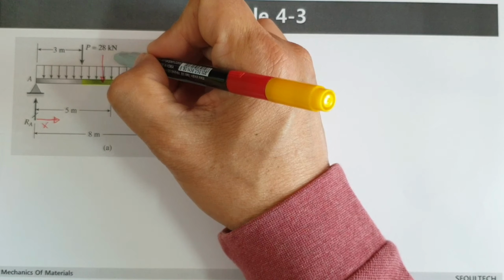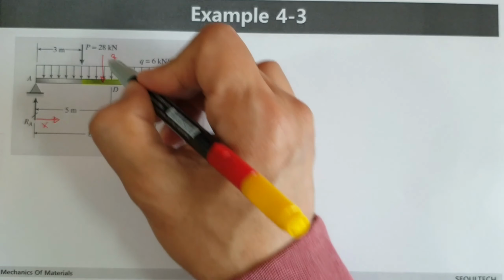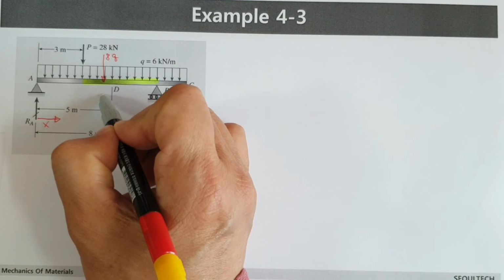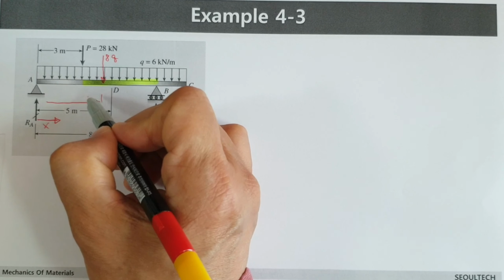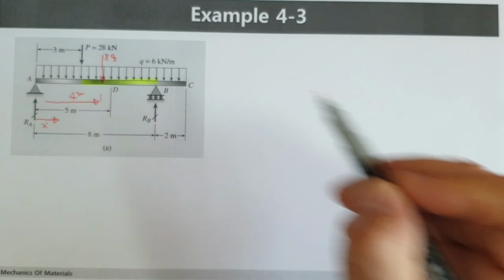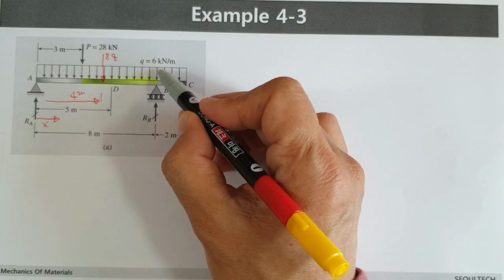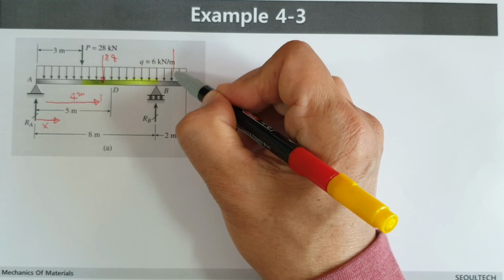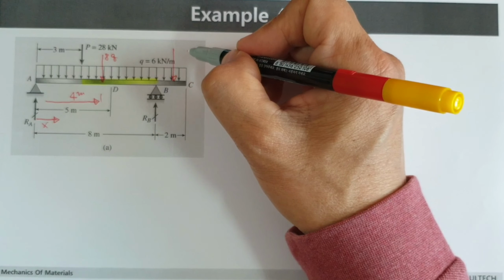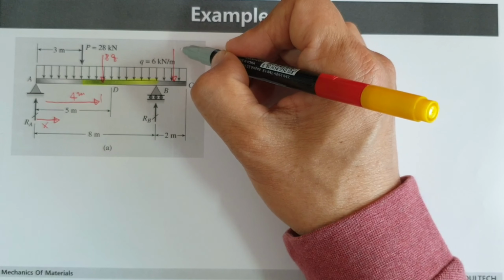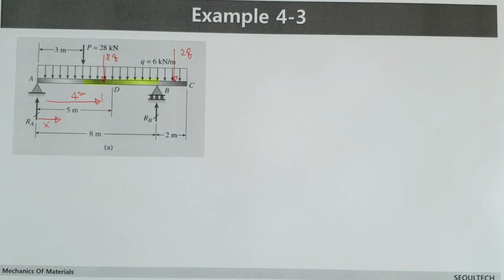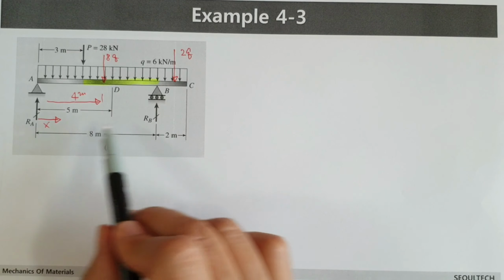This is q multiplied by total length, which is 8q. 8q is located like this one, of course, in the middle. Let's say this distance is 4 meters. Next, when you consider this portion, it's also acting like this one. Then this distance is 2 meters, and 2q is acting like this one. Then we can calculate RA and RB easily.